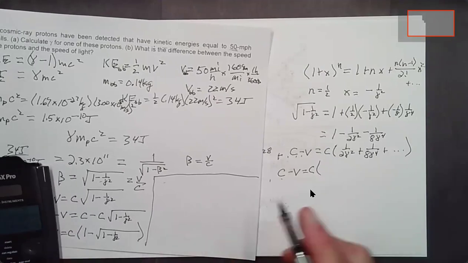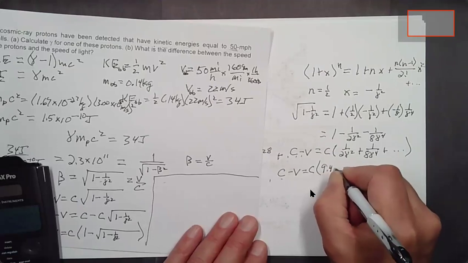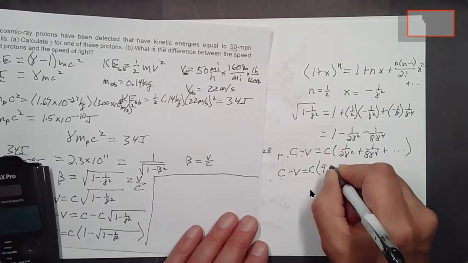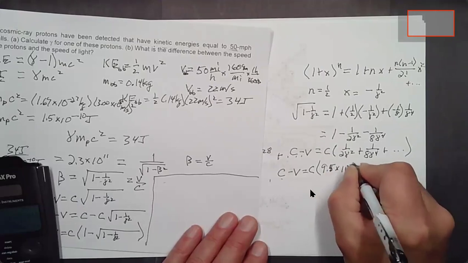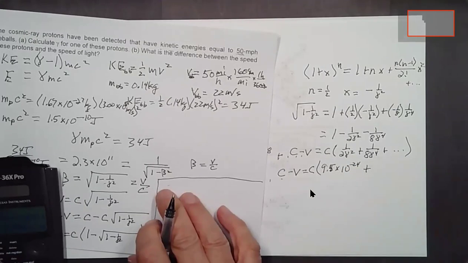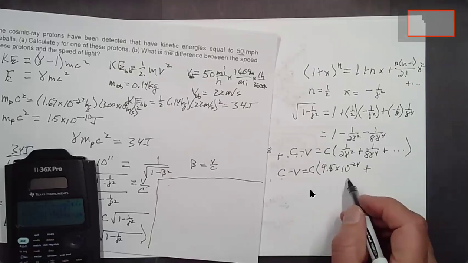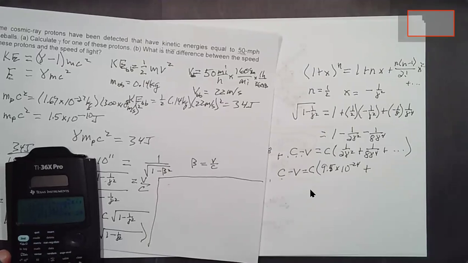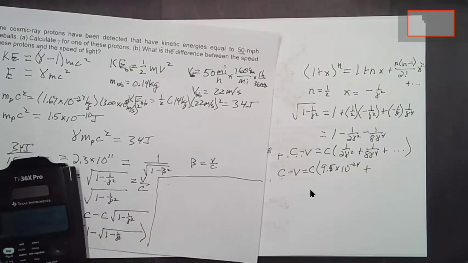So that first term in the series is 9.4, actually 9.5 times 10 to the minus 24th. The second term in the series is going to be 1 over 8 gamma to the fourth. So let's see if I need to keep it compared to that, and I won't. But anyway, 1 over 8 times 2.3 times 10 to the 11th.